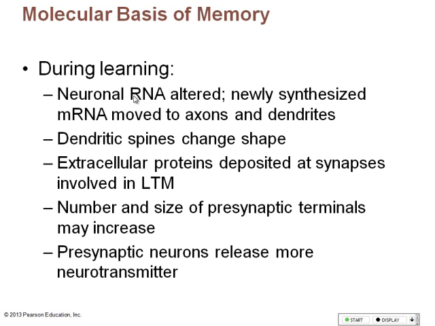I actually change structure when I learn something in the brain. And it has to do with the extensions or the processes of neurons, those dendrites and those axons. Dendritic spines are actually going to change shape during the learning process because of this. Any extracellular proteins deposited in the synapses are going to be involved in long-term memory storage.